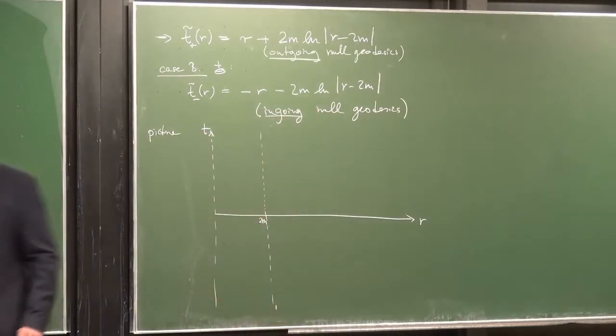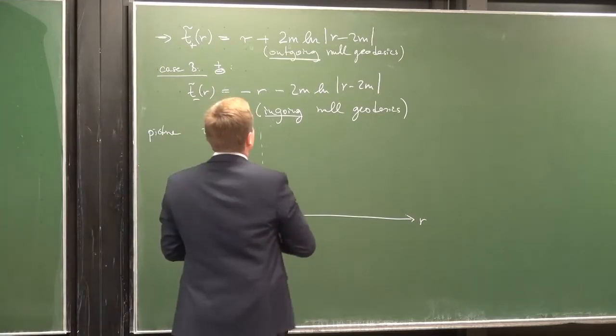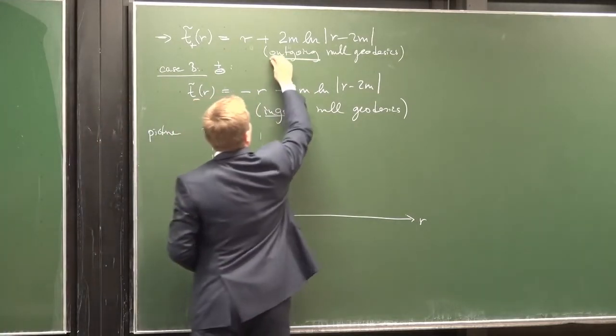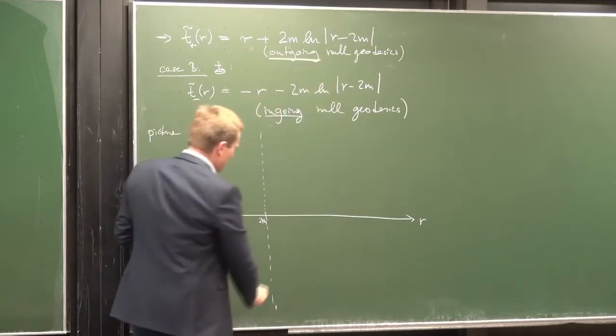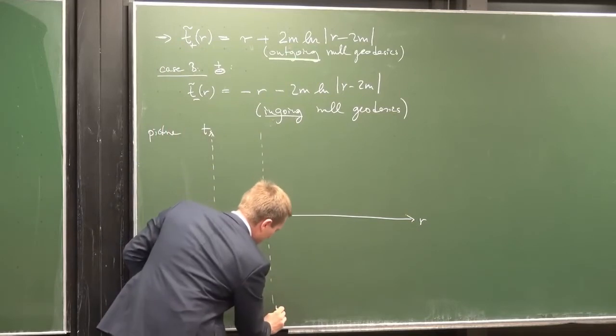So I should use different colors. Okay, the outgoing null geodesics, let's start with them. I start doing them in this region here. They look like this.